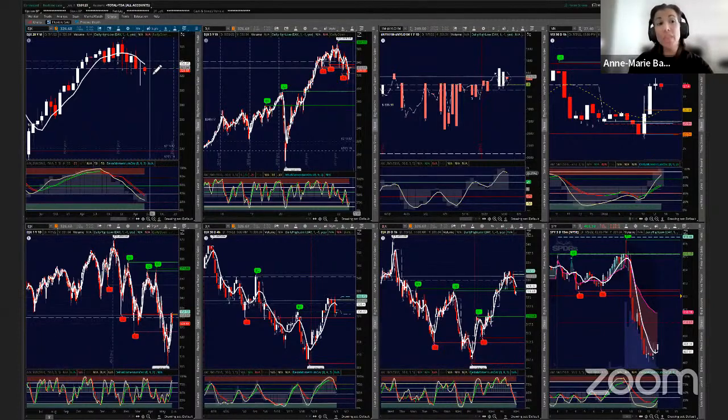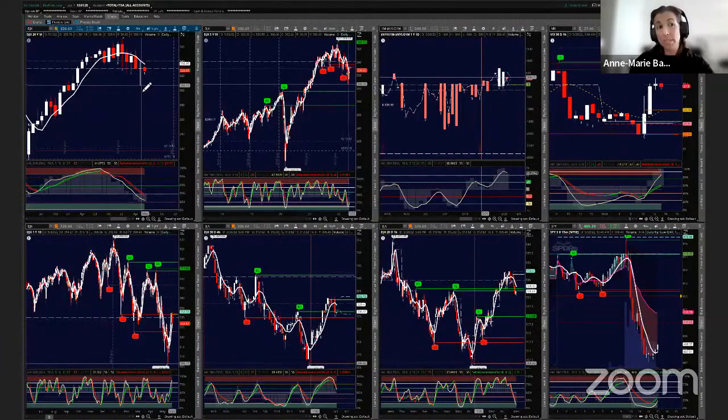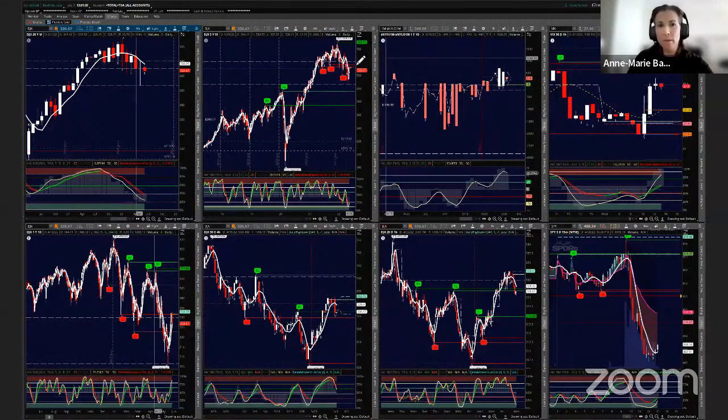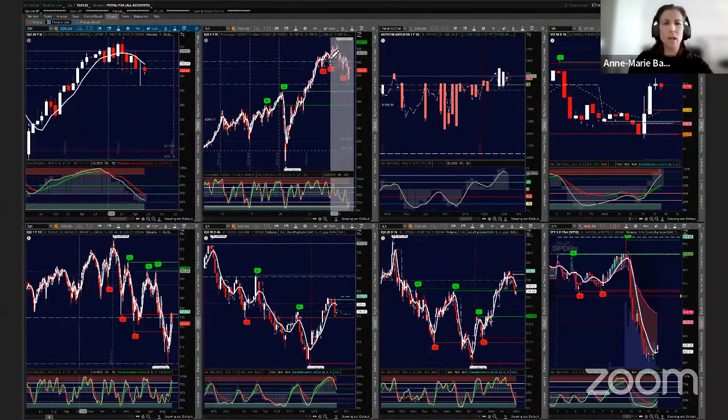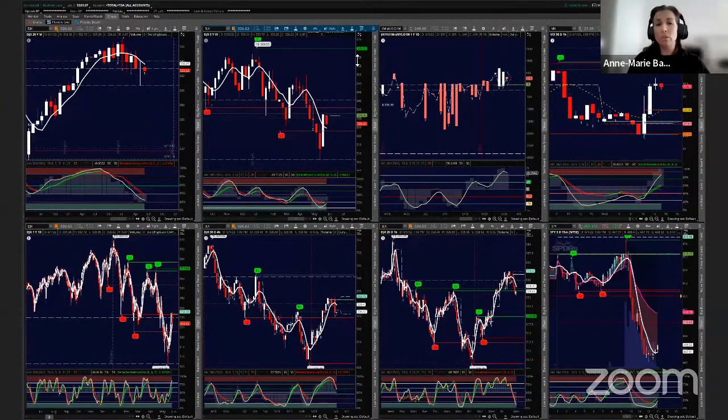If we can't do that, we're going to head back potentially into the low of the last month. So if you're saying to yourself, well, which way is it going to go? Nobody knows.